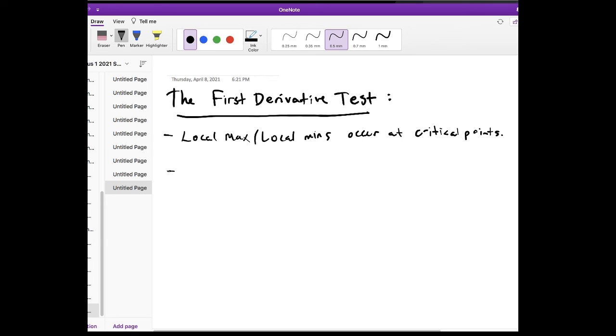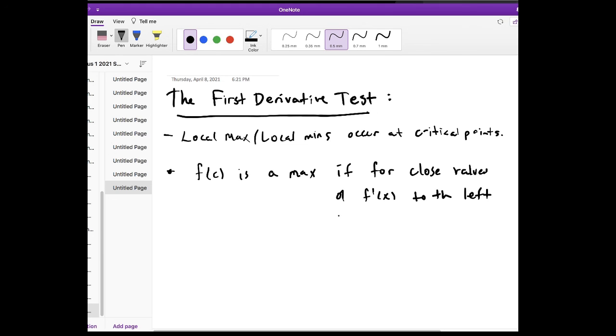So here's the statement. f(c) is a max if for close values of f prime to the left of c, f prime is positive.